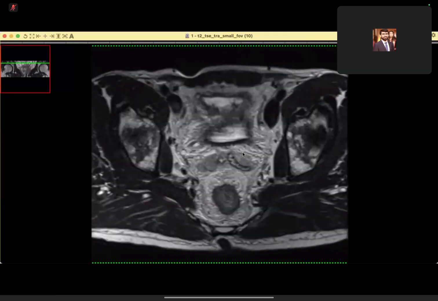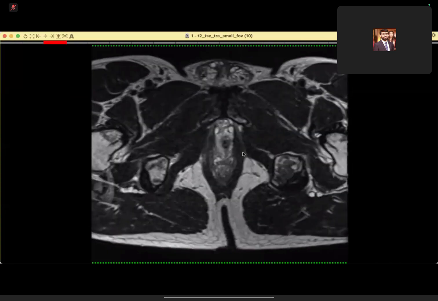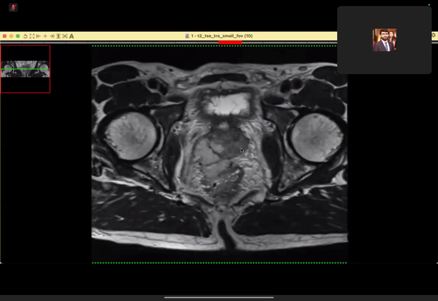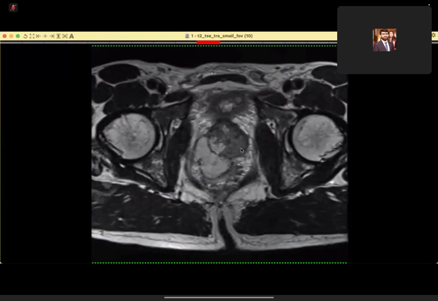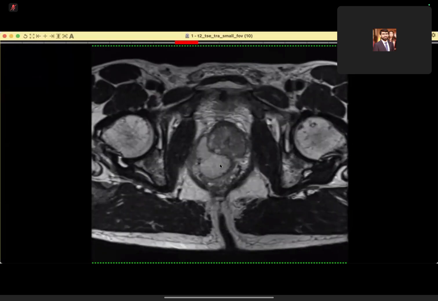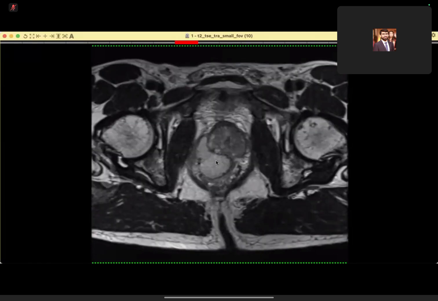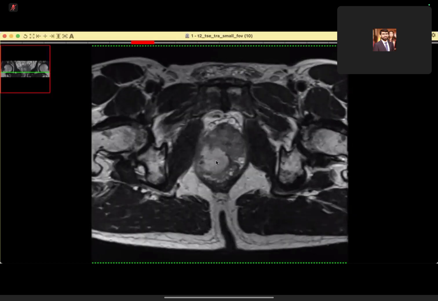In these T2 weighted MRI axial sections, I can appreciate in the region of the prostate a T2 hyperintense lesion, which is located along the right posterolateral aspect of the prostate.